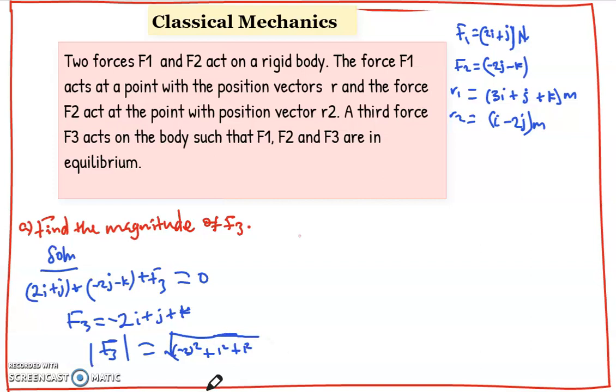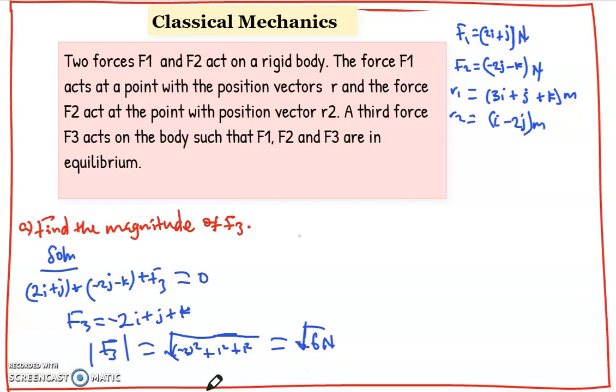If you punch this in your calculator, this should give you root 6 newtons, because the first force is in newtons, and the second one is also in newtons. So the final answer to this question is root 6 newtons.